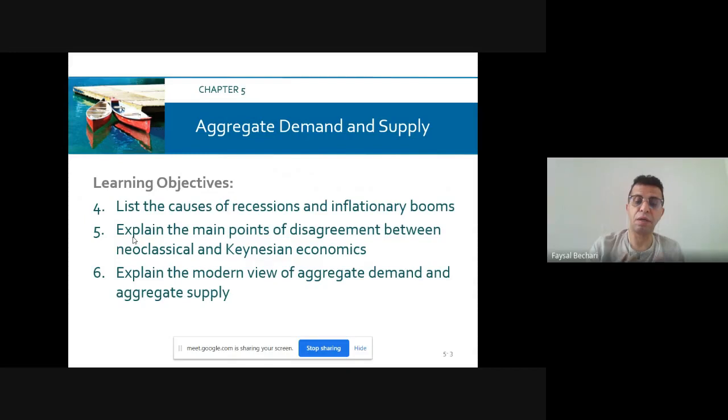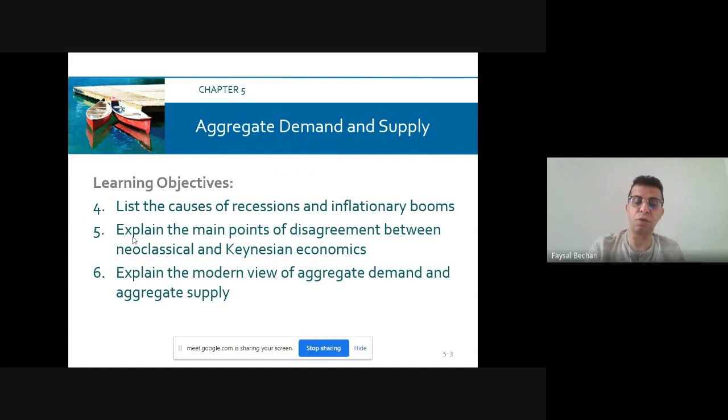Explain the main point of disagreement between the neoclassical economists and the Keynesians. So you probably need to know the neoclassical view, and then you can understand what the Keynesians are all about, and explain the modern view of aggregate demand and aggregate supply, derived from these two ideas.